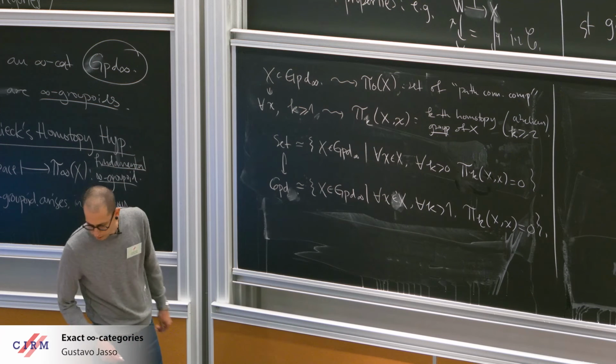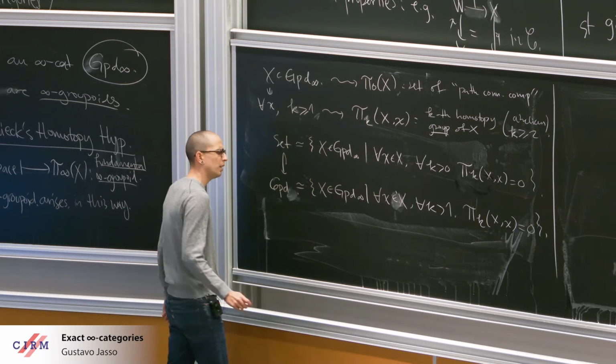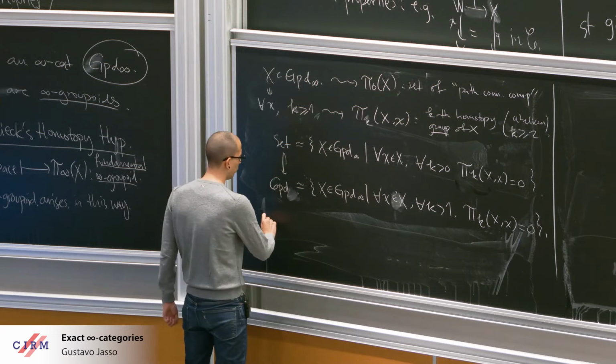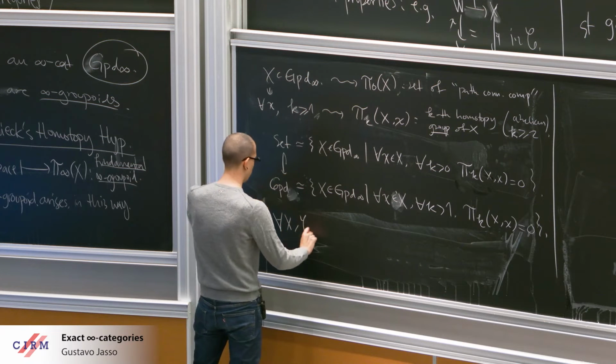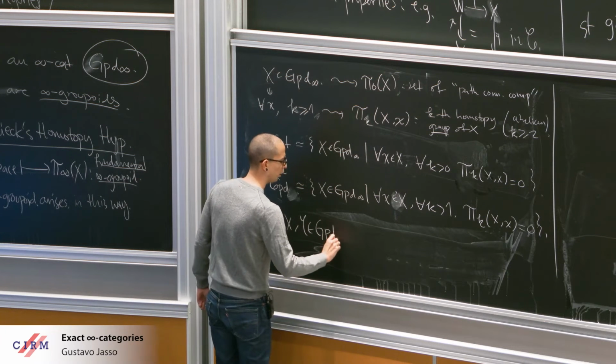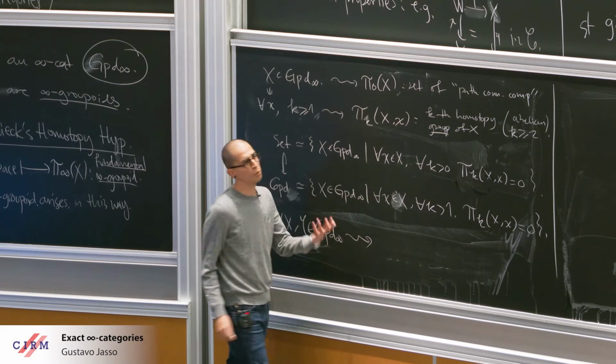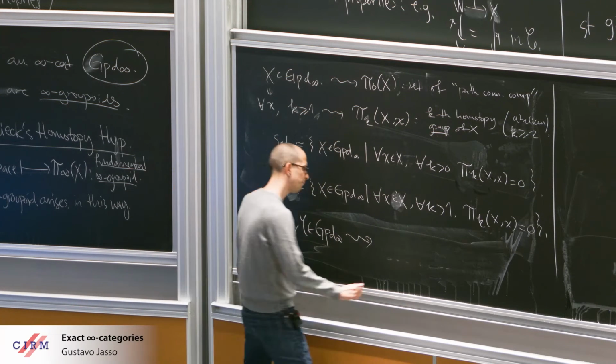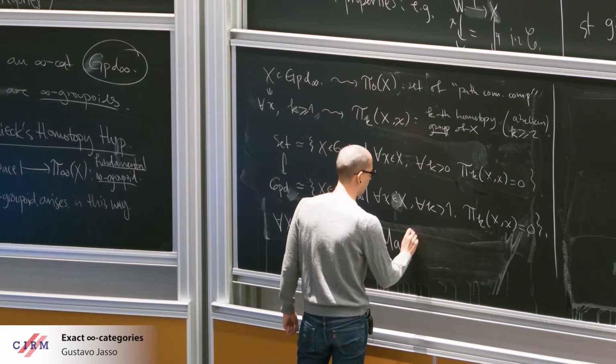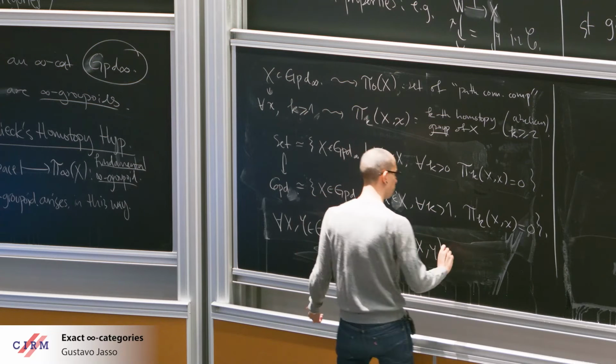Another thing one has is, for example, between two sets, there is a set of functions between them. So between two infinity groupoids, there is an infinity groupoid of functions, or morphisms, between them.